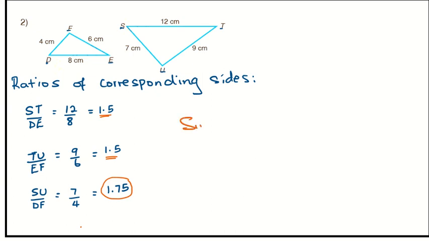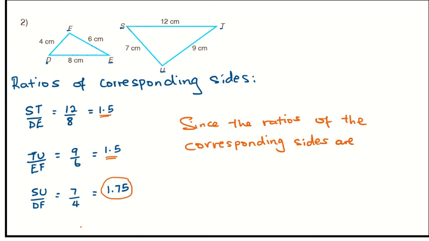You see, since the ratios of the corresponding sides are not equal, then triangle DEF is not similar to triangle STU.